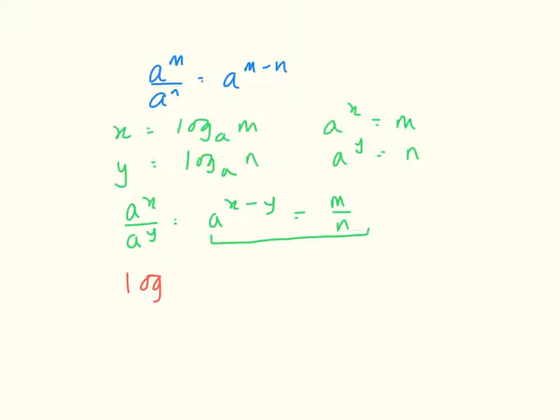Converting this expression, the second half here, back into logs, we therefore get log base a of m divided by n is equal to x minus y, which is log base a of m minus log base a of n.